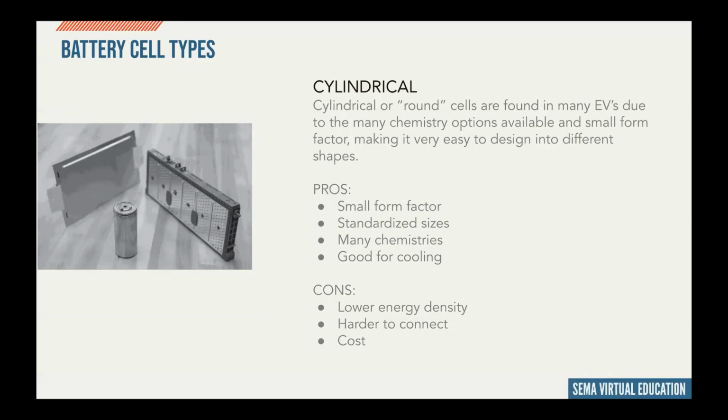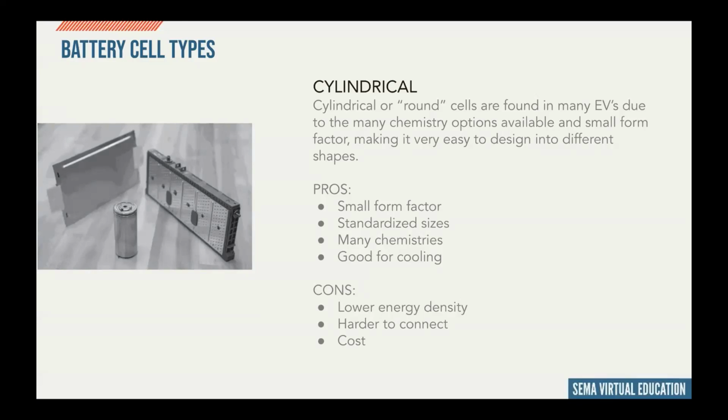Cylindrical cells, which are used in cars like Teslas, are very popular in electric vehicles. They have a huge range of chemistry options. They have a small form factor, so they're very easy to configure into different shapes.